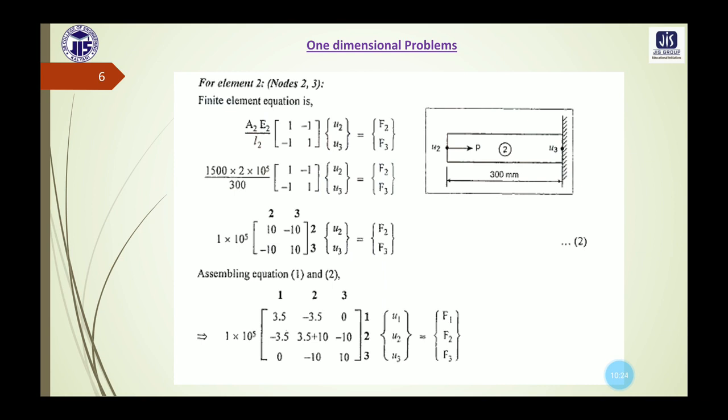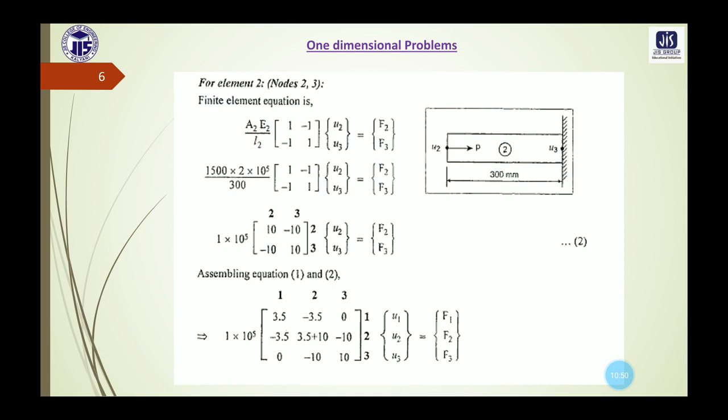Here also, if we put the value of the area, Young's modulus and length for element 2, then after several steps we get the equation number 2, which is the finite element equation for element 2 considering nodes 2 and 3.